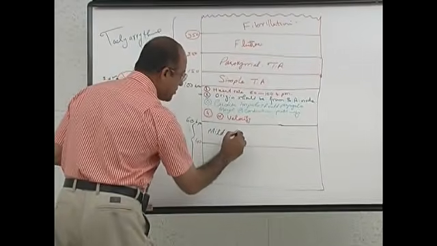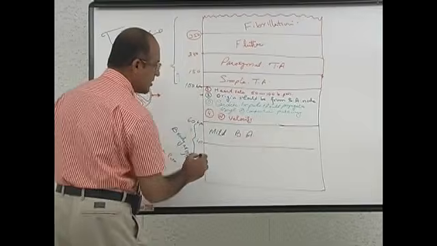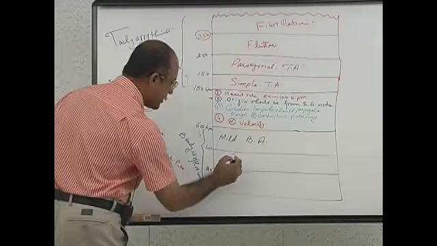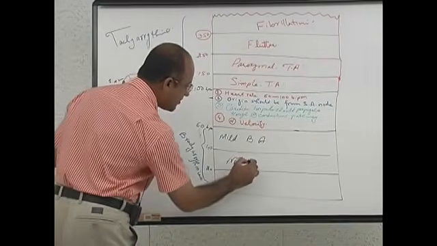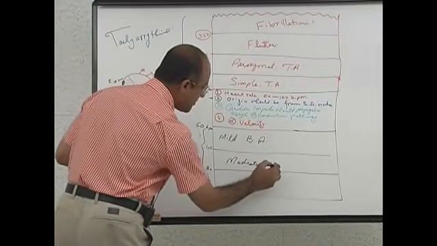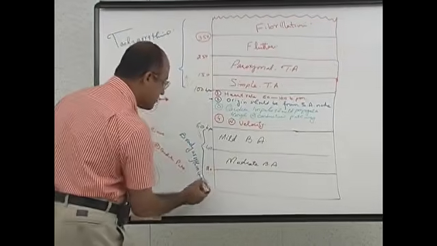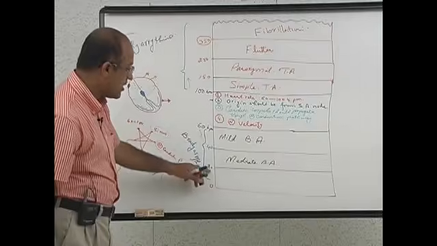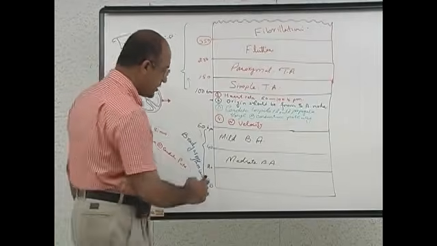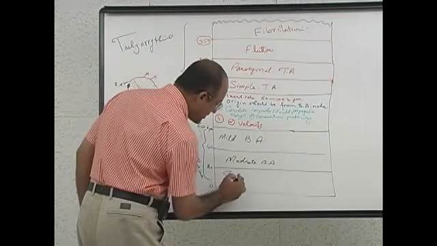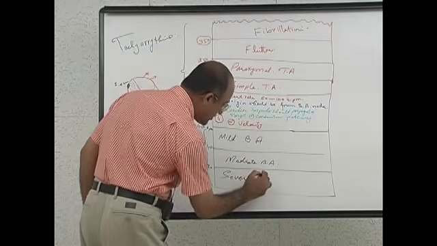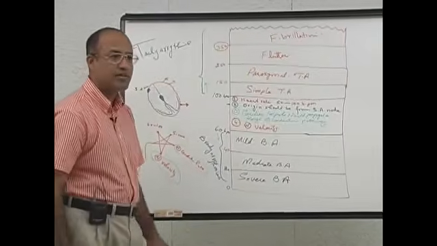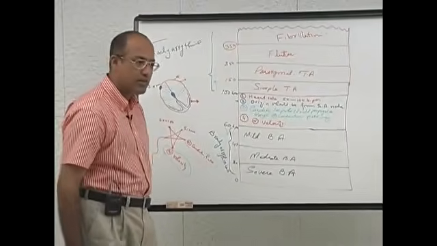If it is between 20 and 40, we call it moderate bradyarrhythmias. And if some very unfortunate person has a heart rate less than 20, of course this must be considered severe bradyarrhythmias.